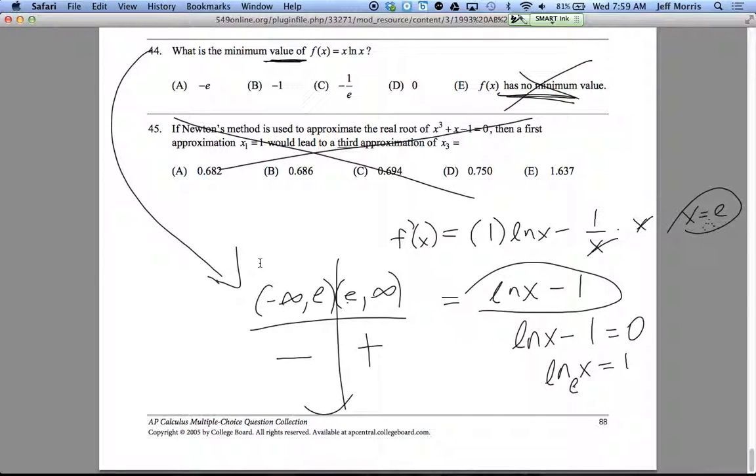Now we just got to plug e into the original function. If I plug e into the original function, I'm going to have e times natural log of e. What's the answer? Natural log of e cancels. I still get e.